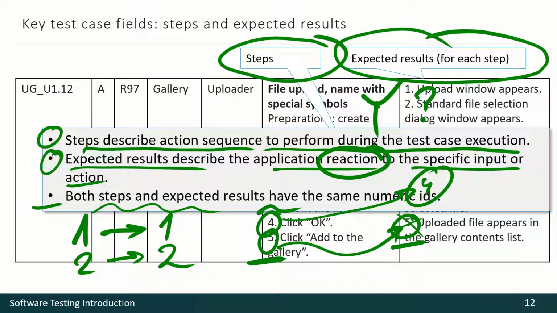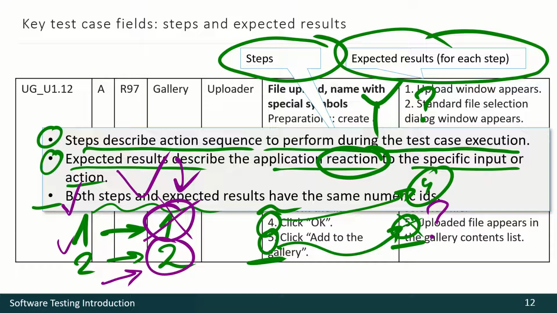Those expected results are considered to be obvious ones, but since you are just beginners, it's hard yet to understand if this is an obvious expected result or not. So please, for each and every step, write an explicit expected result. If it's not needed, you may later delete it, but if it's needed and absent, that's the trouble. So always write expected results.